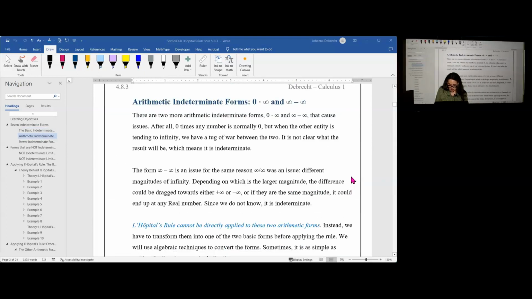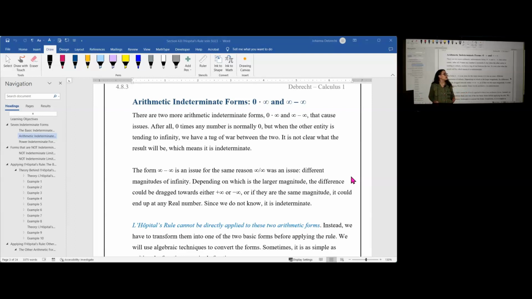Now let's talk a little bit about 0 times infinity and infinity minus infinity. When we look at 0 times infinity, we have a tug of war going on. Normally, 0 times any number is 0. But when you multiply by something that's wanting to pull it to infinity, you have a tug of war going on. Which one ends up winning can't be determined.